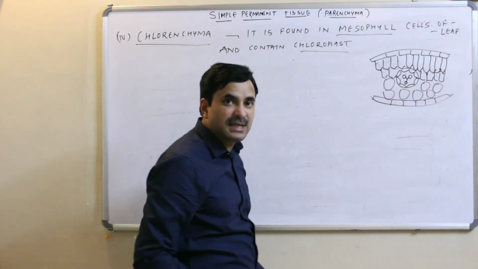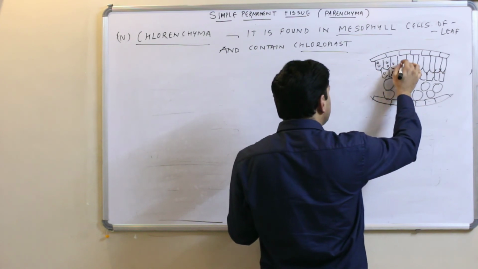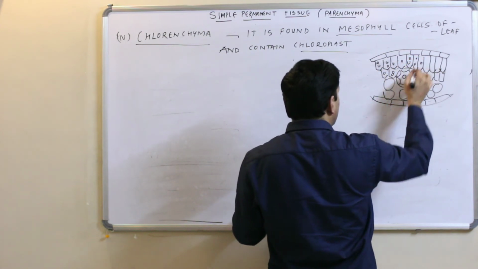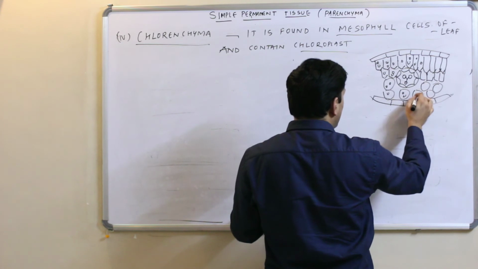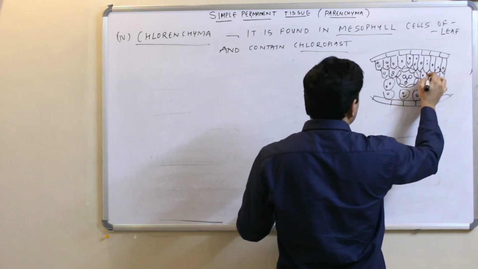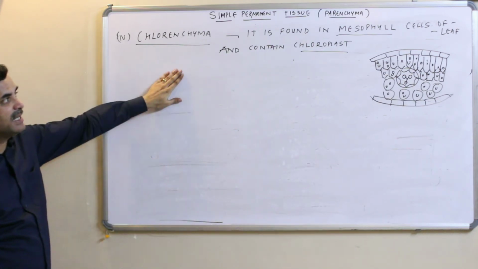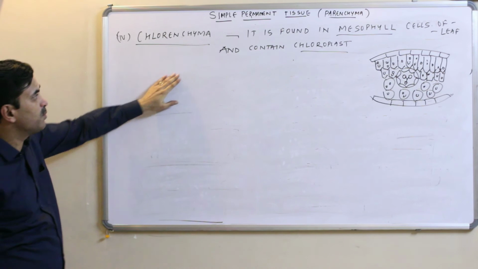And these mesophyll cells contain chloroplast. So these are what? The chloroplast. Alright. So chlorenchyma is found in the mesophyll cells of leaf and contains the chloroplast.